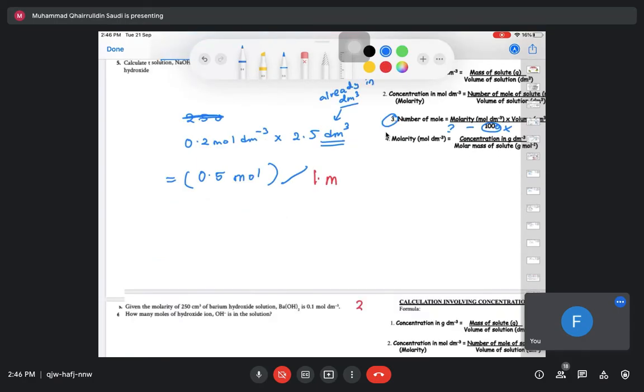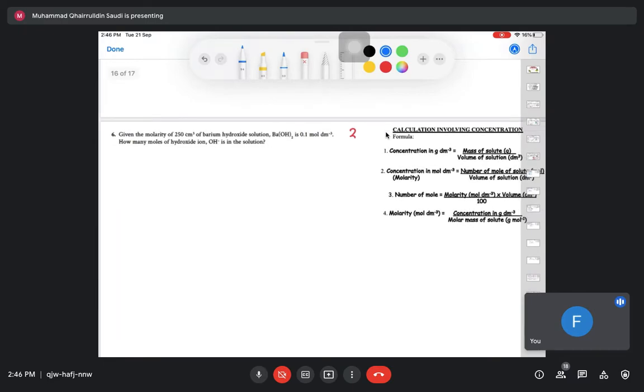Good. Next, number 6. Given the molarity of 250 centimeter cube of barium hydroxide is 0.1 mole per dm cube, how many moles of hydroxide ions are in the solution? So now the question asks for moles of hydroxide ion. In order to find the mole of hydroxide ion, we have to find the number of mole of barium hydroxide first. Which formula should we use? Good, formula number 3.